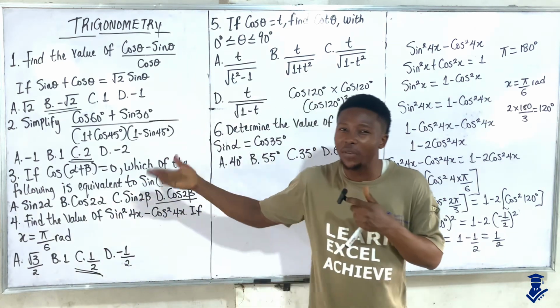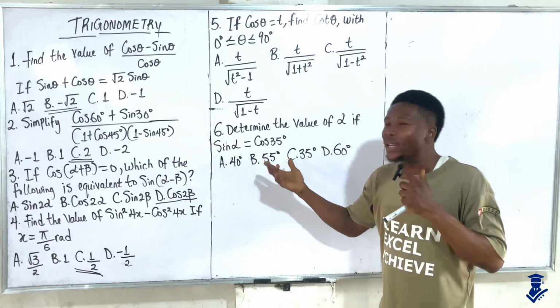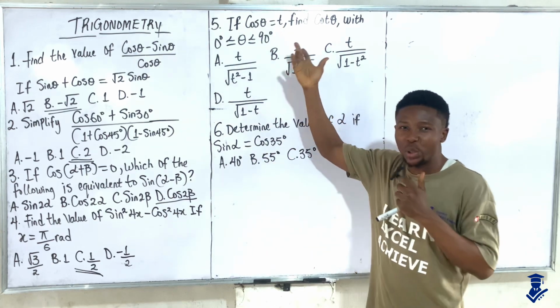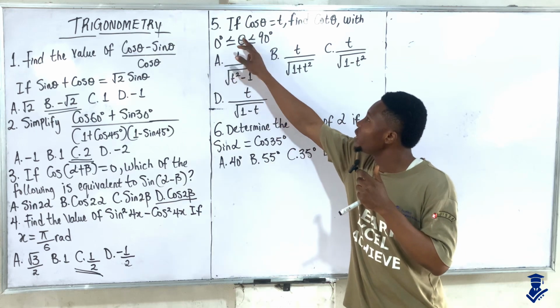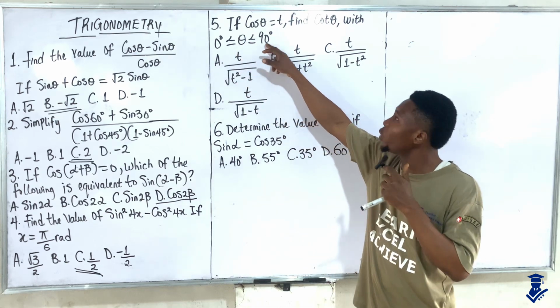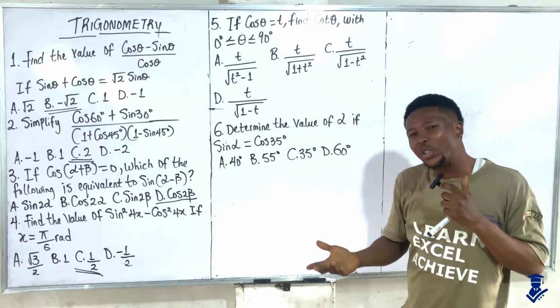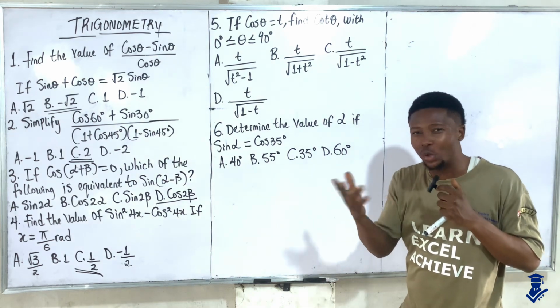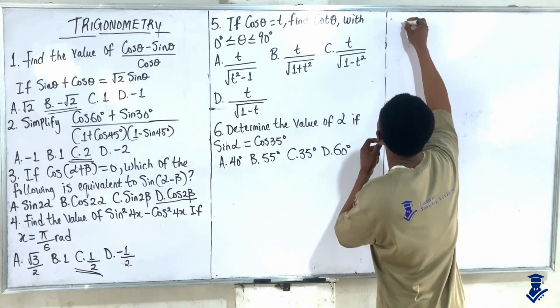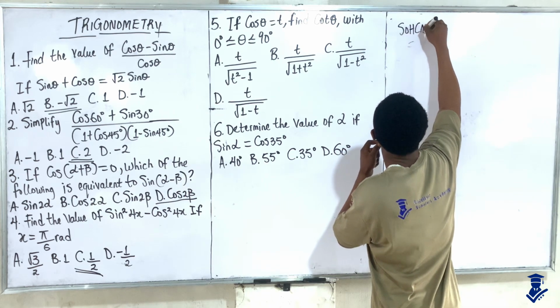Now let's move on to solving the next question. The next question says, if cos theta is equal to t, find sin theta, with 0 degree less than or equal to theta less than or equal to 90 degree. Now how do we solve this question? You have to remember a very popular trigonometric identity, which we abbreviate as SOHCAHTOA.